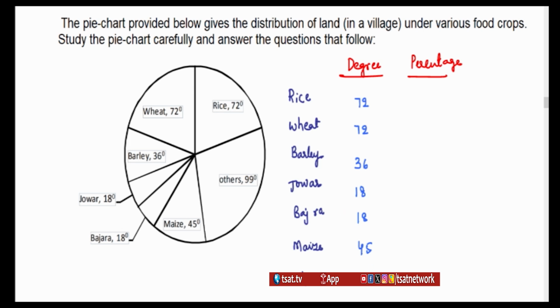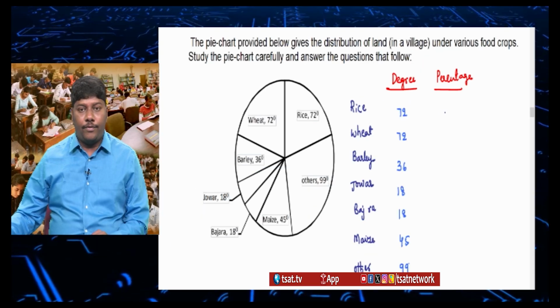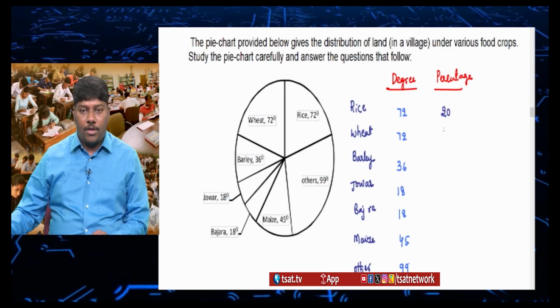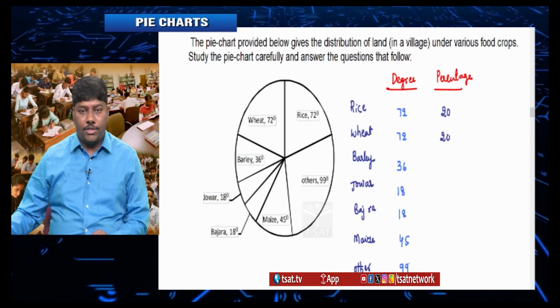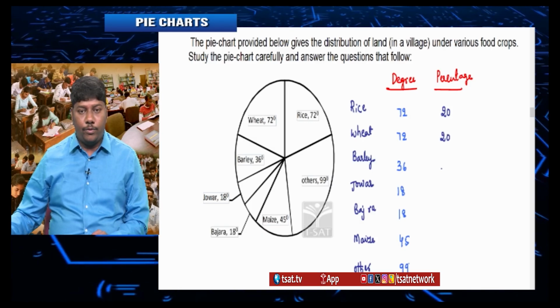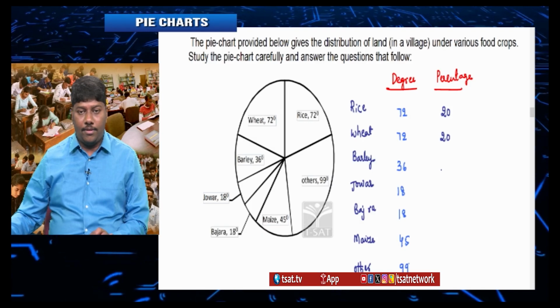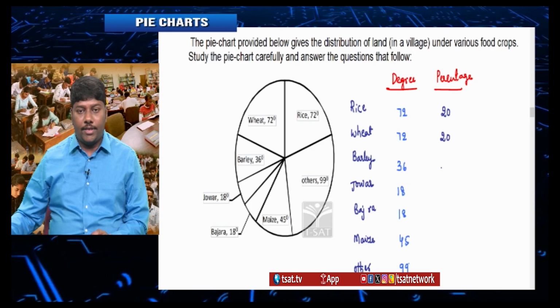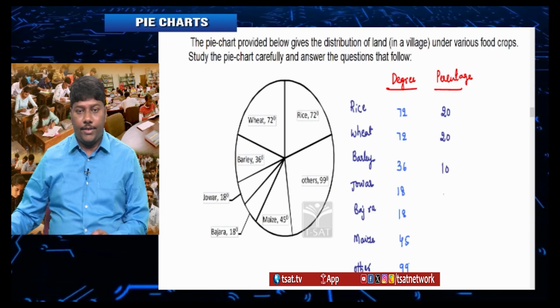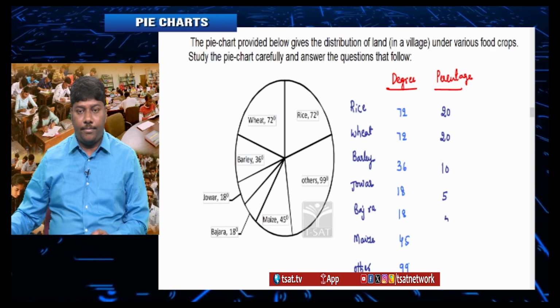If I convert it into percentage, look at the percentage. We know 18 fours are 72, therefore 5 fours are 20. Wheat is also 5 fours are 20. Because 18 is nothing but 5, 36 is 18 twos are, therefore it is 10. 18 is 5. 18 is 5.